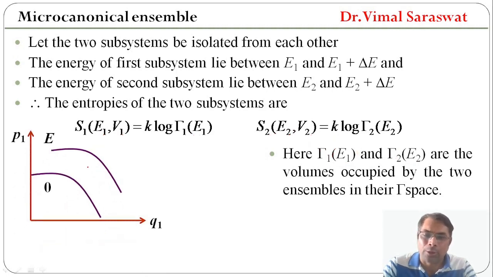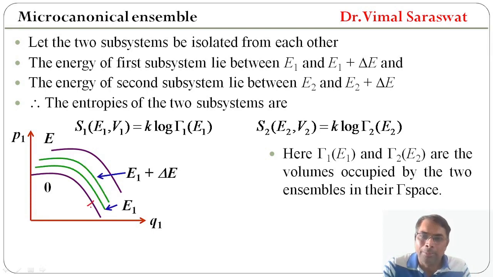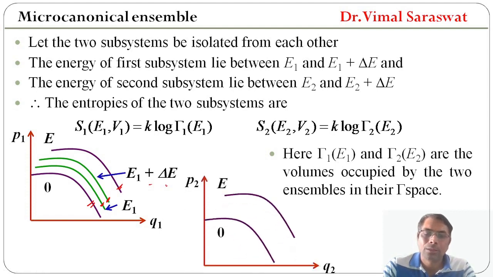So here we are showing a two-dimensional phase space. The limit of energy is from 0 to E, and this is our surface E1 and this is the surface having energy E1 plus delta E, and this is our second subsystem.